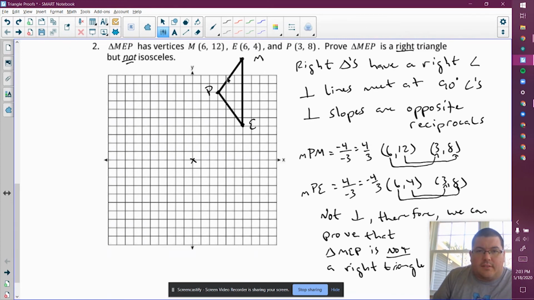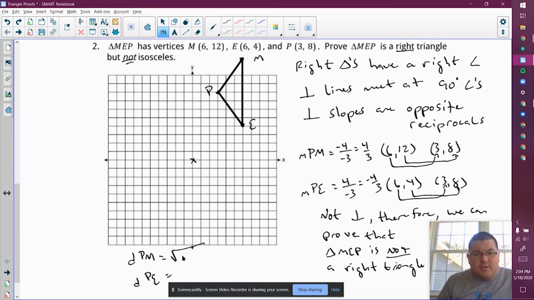Now let's take a look at the side lengths here. What do you notice about the rise and the run for both of these situations? Well, the rise and the run really seem to match up pretty nicely, don't they? Right? If we were to figure out what the distance of PM is and the distance of PE using our distance formula, right?